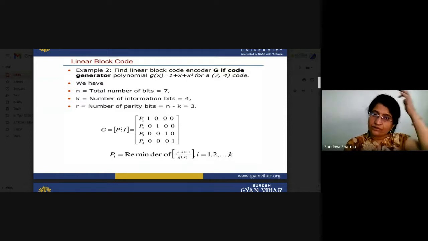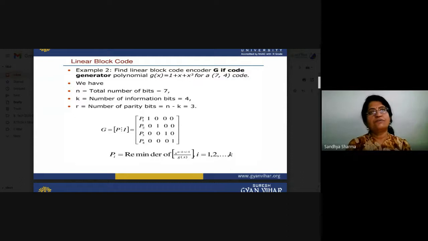First, you see that the total number of bits is 7, the number of information bits is 4, and the number of parity bits is n minus k, that is 3. Now you can write the unit matrix, because your generator matrix G is equal to P into I. That is P: P1, P2, P3, P4, and I is the unit matrix 1 0 0 0, 1.